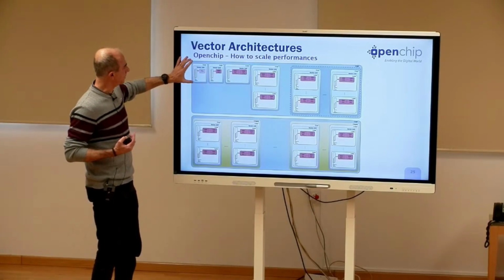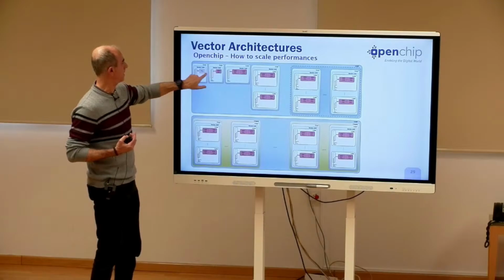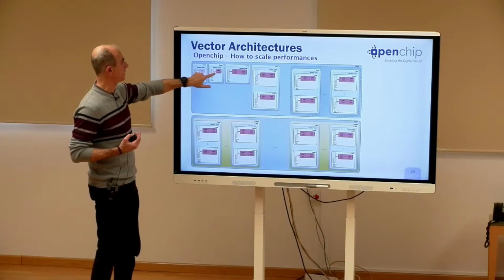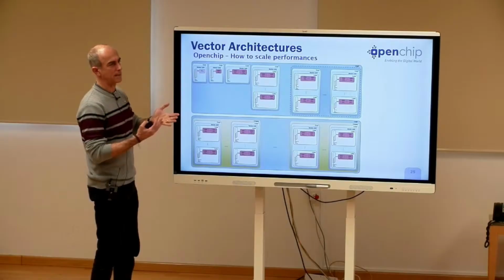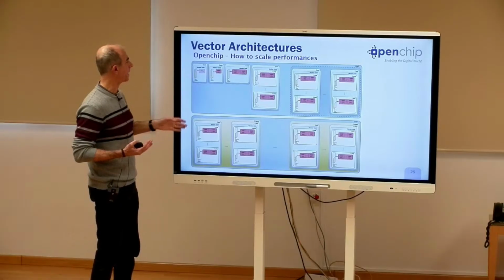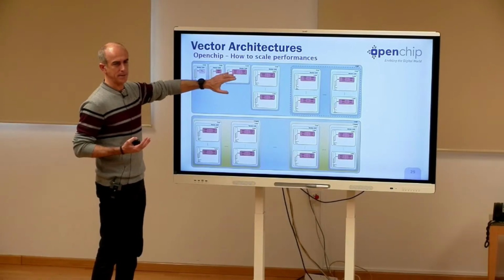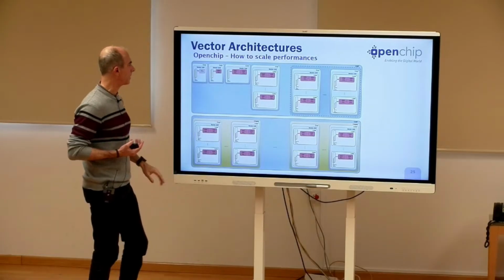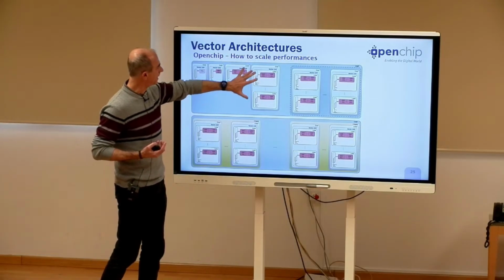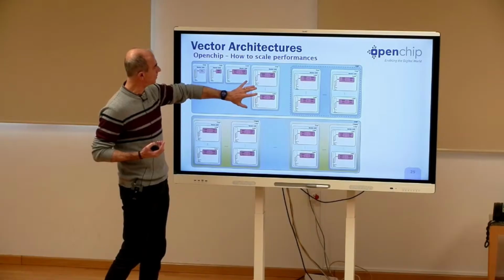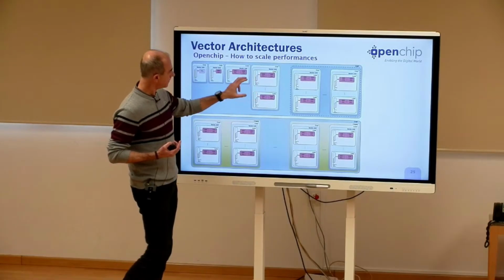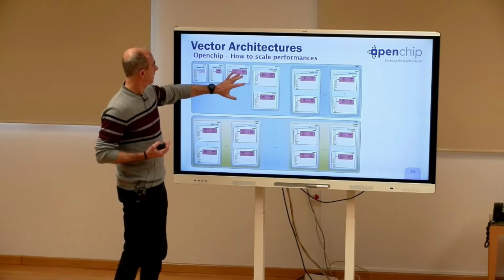But you can decide to increase the power of this unit, changing the FPU with a SIMD FPU, so you can process more data in parallel, or you can add more SIMD FPUs. At a certain point, you can decide to go to the concept of lanes. What are lanes?